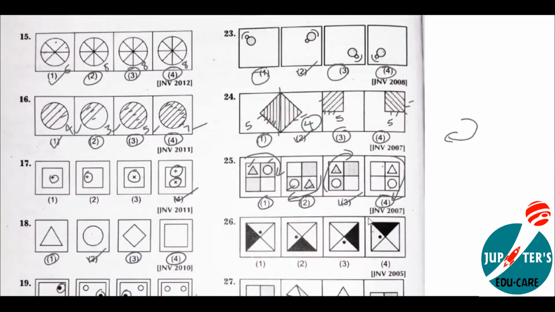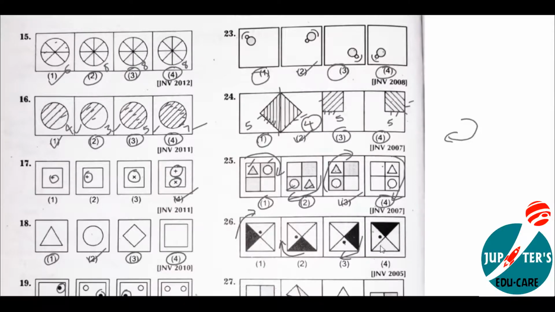Question number 26, observe carefully. In option 1, if we check in clockwise direction, like this, after the shaded area we have one dotted circle. In the second option also, in clockwise direction, after the shaded part we have a dotted circle. In option 3, in clockwise direction, after the shaded part we have a dotted circle.